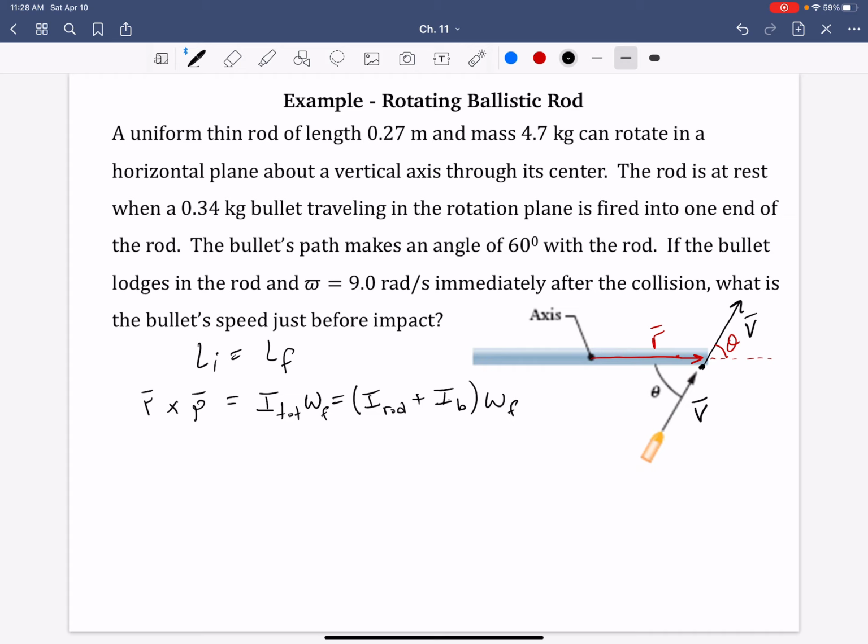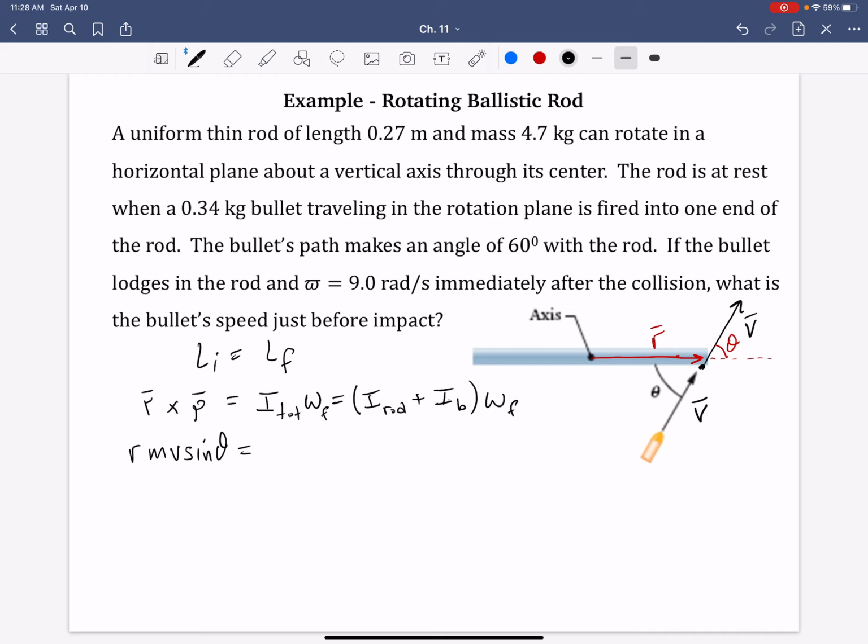So the speed that we're trying to find before the impact is embedded in there. Let's evaluate that. The magnitude of this is R m v sine theta.